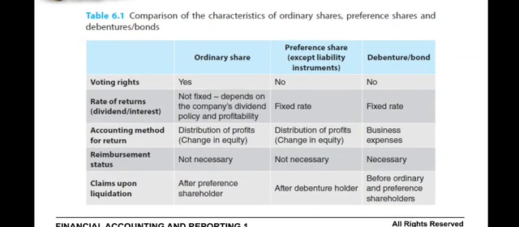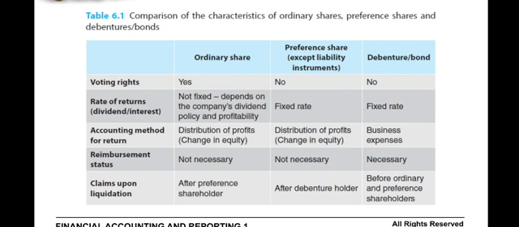Okay, let's say there is a company, and the company sells ordinary shares to the public, and also sells preference shares to the public, and also sells bonds or debentures to the public. So see the first point: the people who own the ordinary share will have voting right.